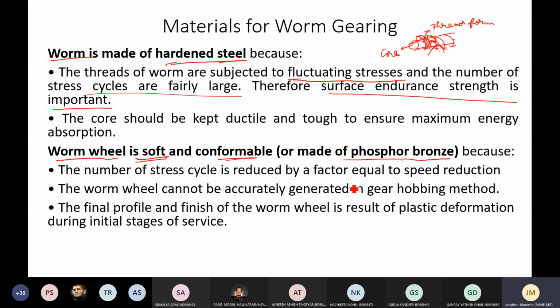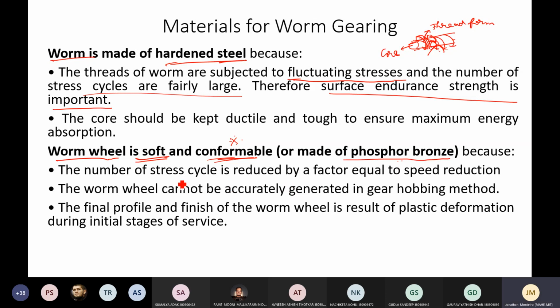It is correct also. It is subjected to high erosion, but not so much as we imagine, so that the entire teeth will get worn out within a short duration of time and will not be left with the worm wheel itself. So once the teeth are out, there is a total failure of the mechanism itself. It is not so much. Okay, let us see why it is soft, or we would rather say conformable. Very important, this word, conformable.